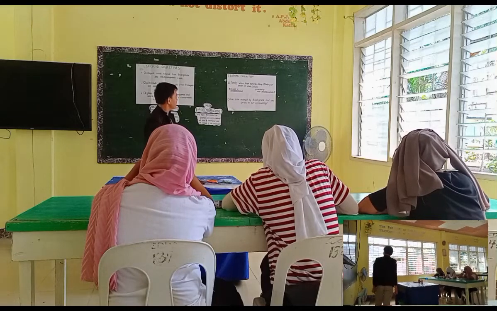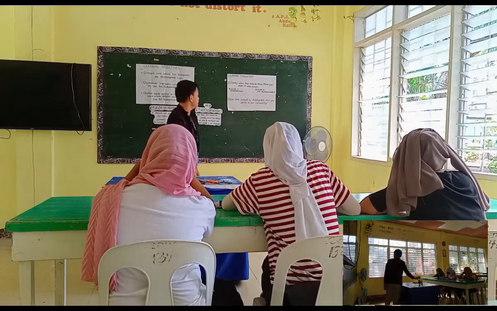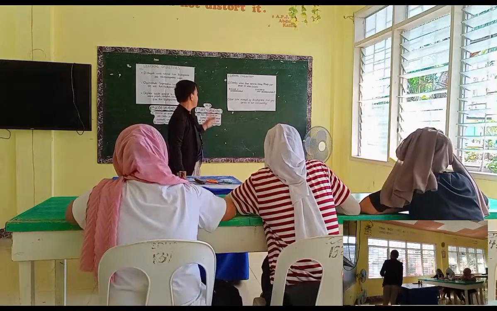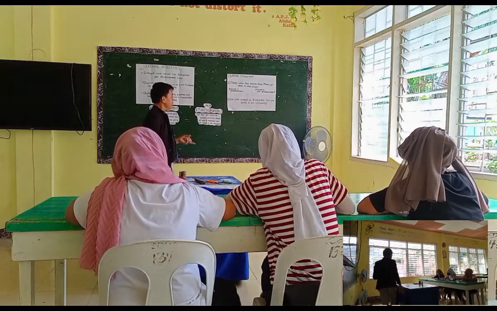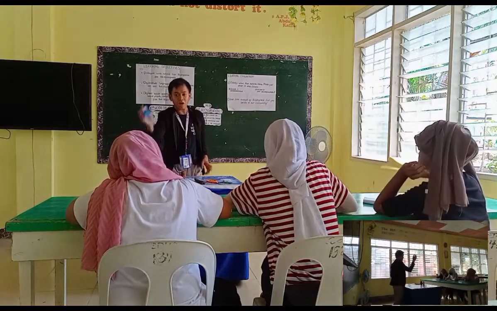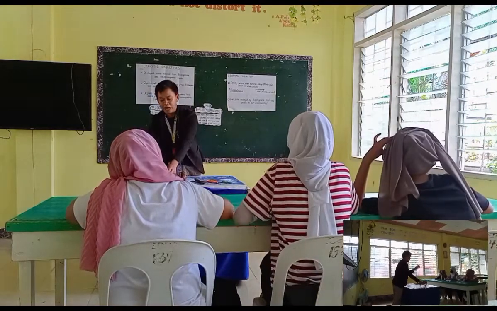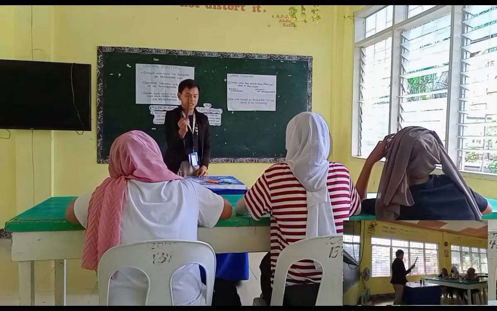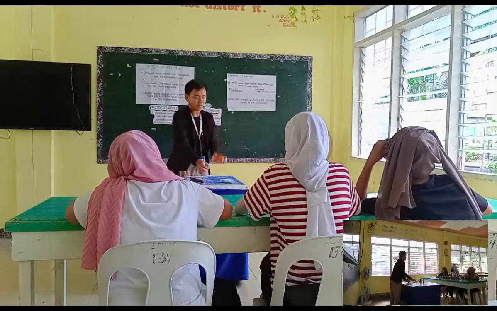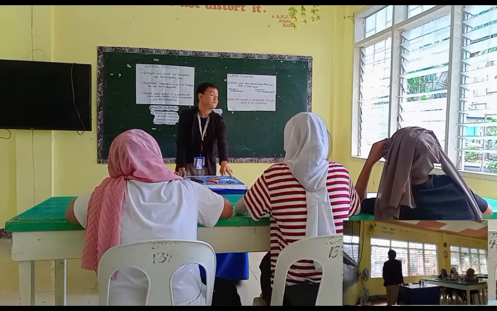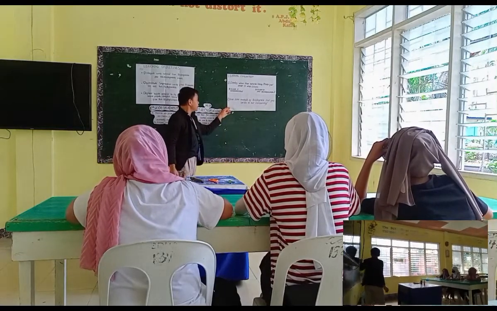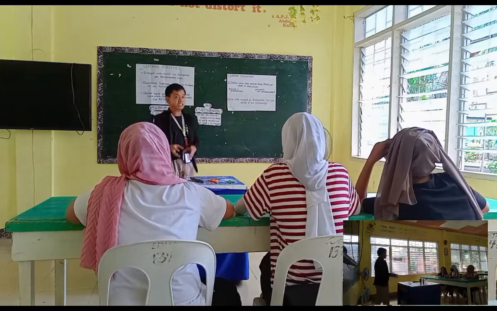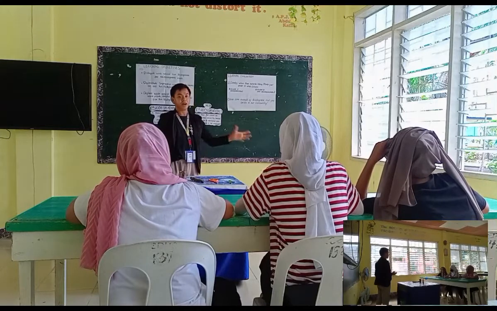Number one, identify where these materials belong. Provide your answer in the column. We have column A and column B. This bottle, and we have the glass bottle. We have can, wood, metal, and also leaves. Second one is give some examples of biodegradable that you can see in our surrounding or in our environment.